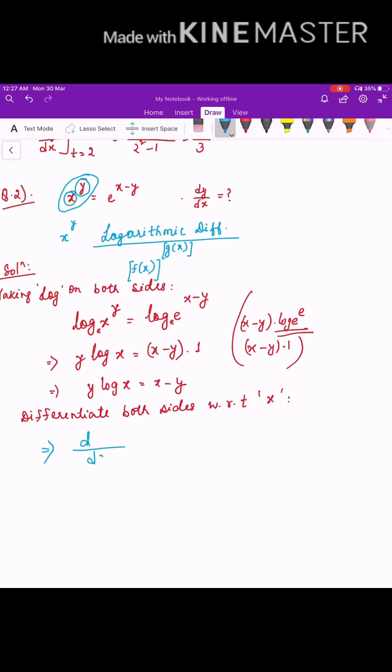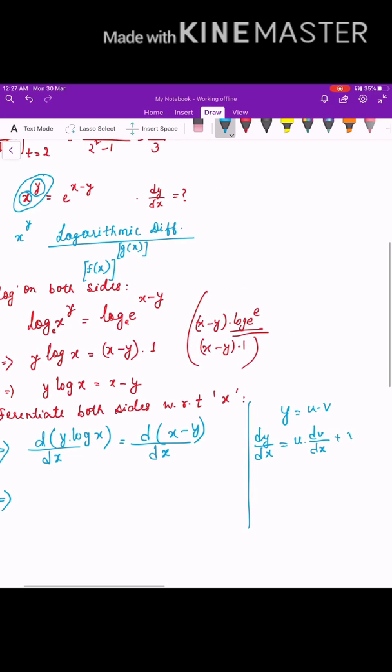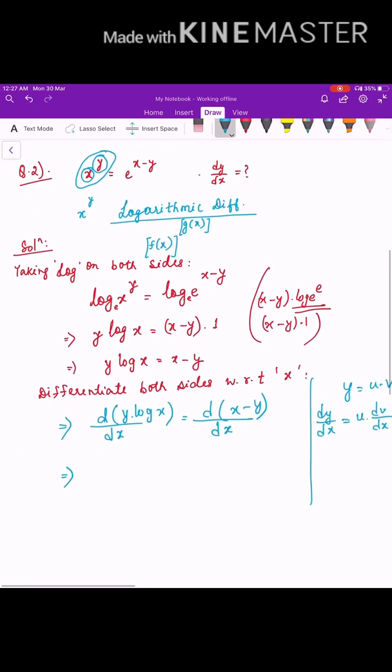So d/dx of the left hand side function is equal to d/dx of the right hand side function. Here you have to apply the product rule, u into v. If y is equal to u into v, dy by dx is equal to, taking the first term as constant, differentiating the second one, plus taking the second term as constant and differentiating the first one.